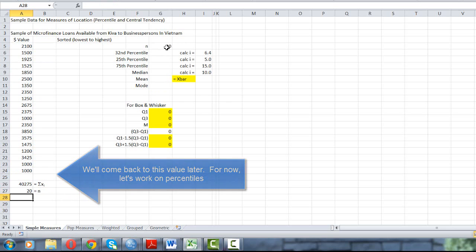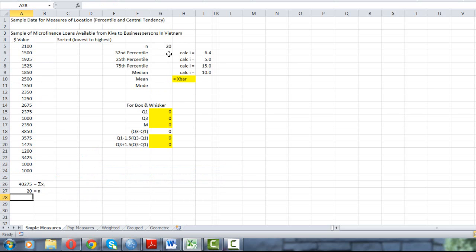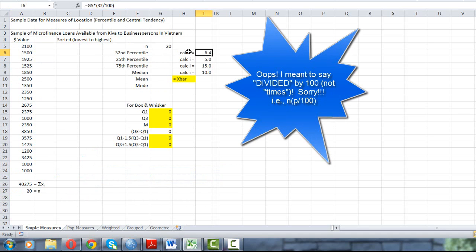So I've got an n of 20, and if you recall, for percentile, that is taking n times the percentile, if it's in percent, divided by 100. And so you have an i of 6.4. If you recall, using Grosvenor's procedure, we would round that up to 7, and so we would take the 7th observation.